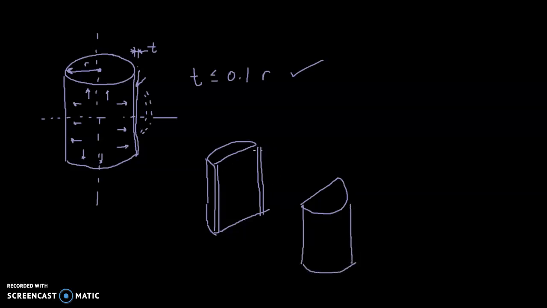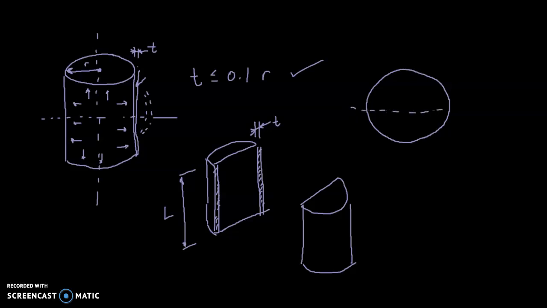So we've sliced through it vertically, and what we see here is that the walls of the cylinder are essentially two long rectangles, and we can describe them with a length L and a wall thickness of T. And so the pressure acting out, let me draw our cylinder from above, and we've sliced through it horizontally.